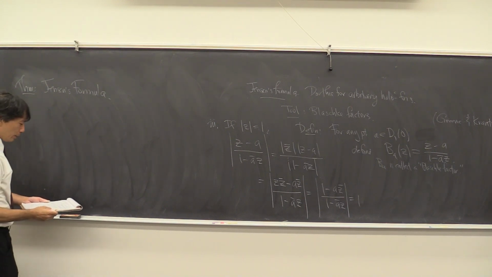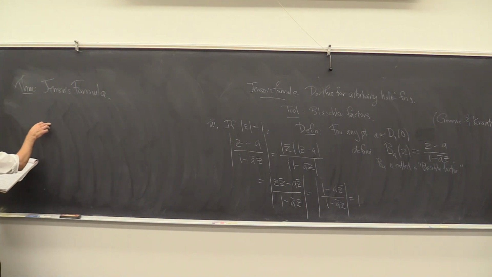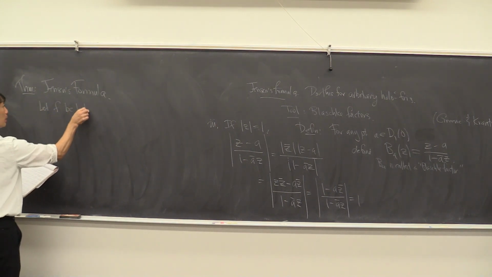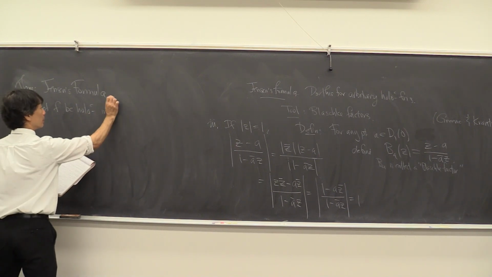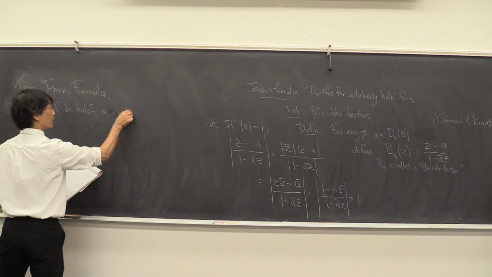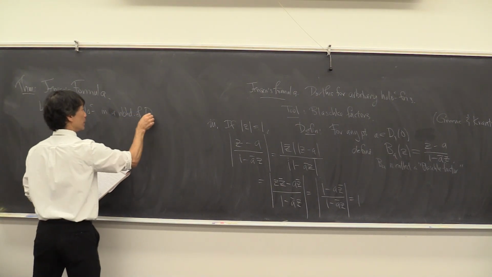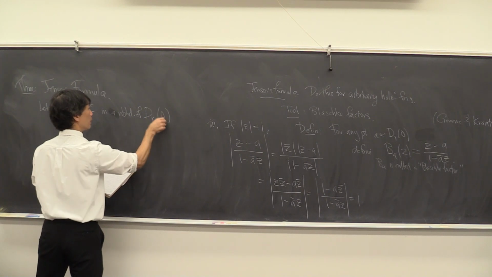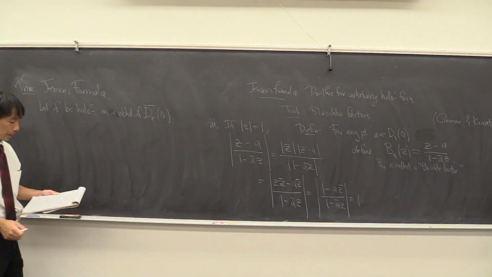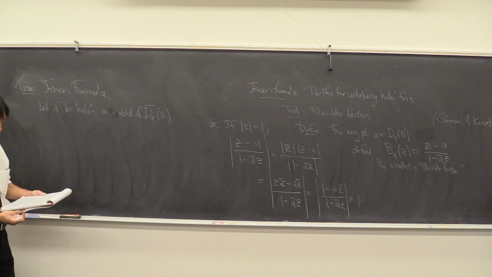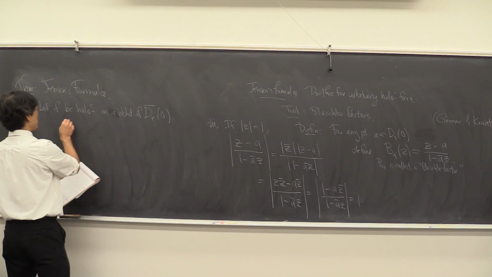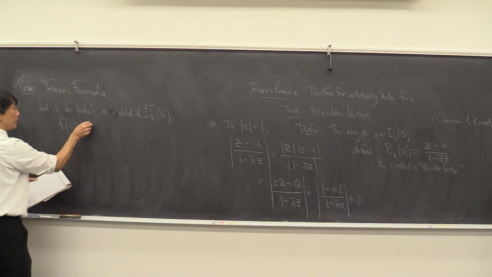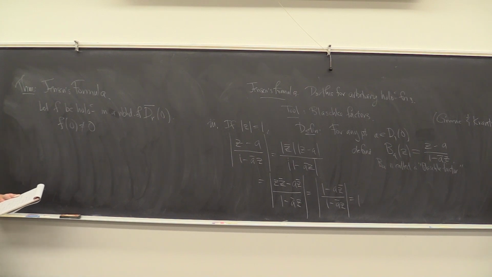Let f be holomorphic in a neighborhood of the unit disk, I'm sorry, of a disk of radius r, and suppose that f is not 0 at the origin.